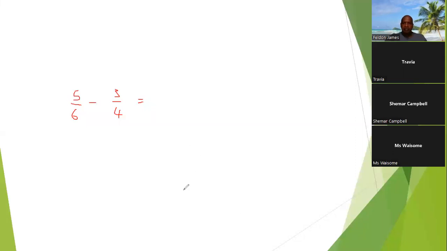Or is it the smallest number that the denominators can divide into without leaving a remainder? The lowest common multiple of 6 and 4, what is it actually saying?